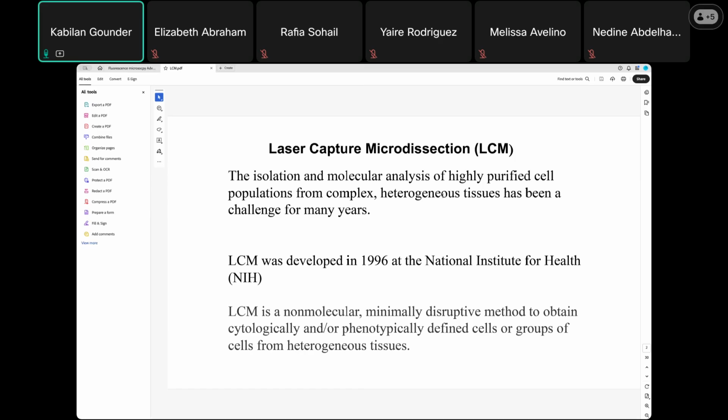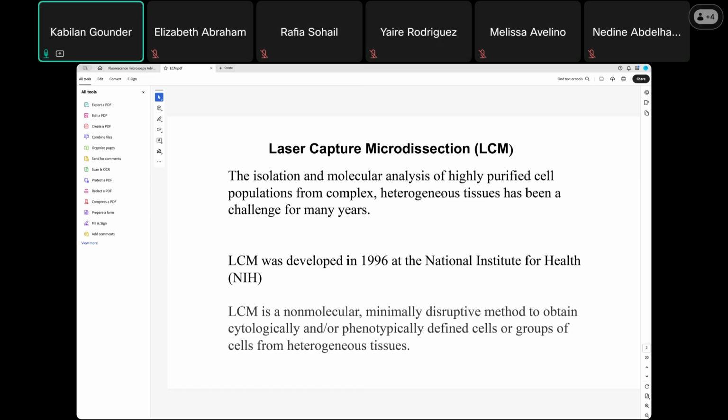What is going on with the cancer cells? What is going on with the healthy cells? What is going on with the infected cells? If you want to study this, we have to separate them manually. When you do such separations, it's very difficult to get pure cells, healthy versus cancer, tumor or infected cells, because of contamination.